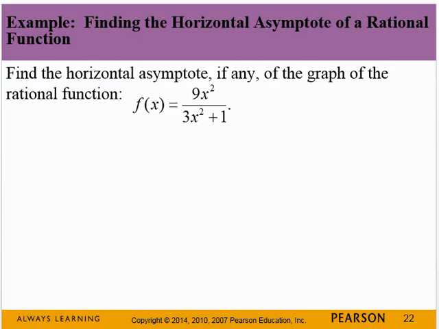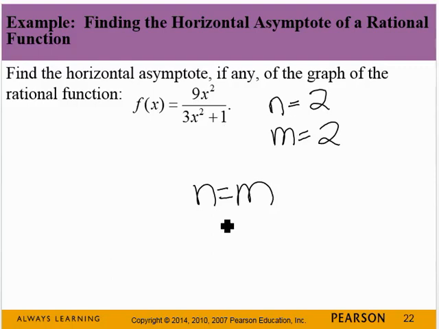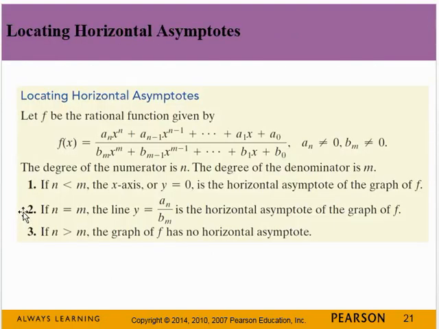In this first example, you want to look at n, which is your numerator exponent, and m, which is your denominator exponent. So n is 2 and m is 2, which means we have n equals m. If we go back to our rules, if n equals m, then the line a sub n over b sub m is your horizontal asymptote.